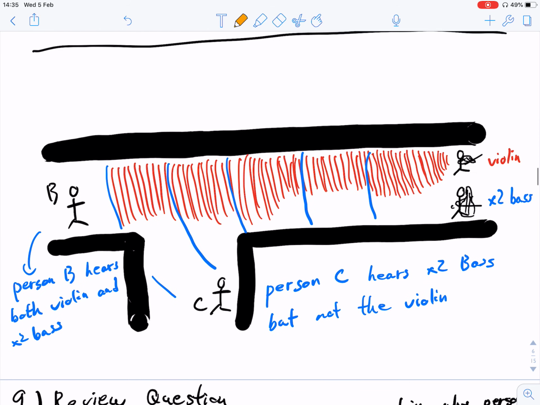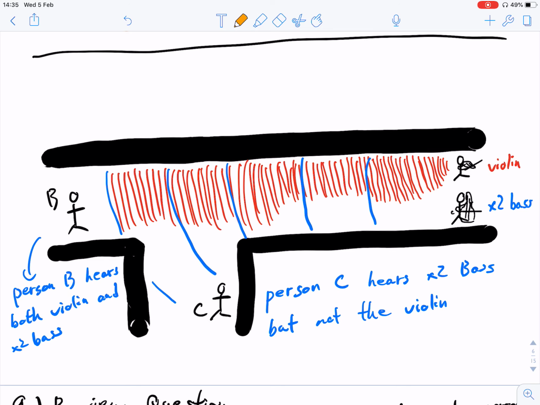So here in our example, we have somebody playing a violin. A violin has a fairly high-pitched sound, and a double bass has a fairly low-pitched sound. And so a double bass would essentially allow sound waves to travel around corners.